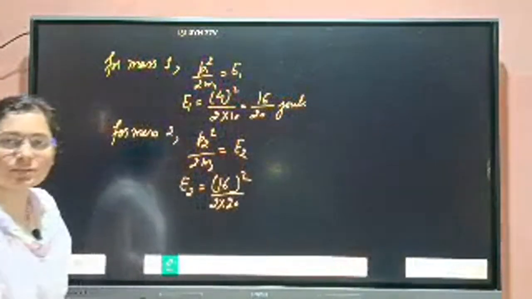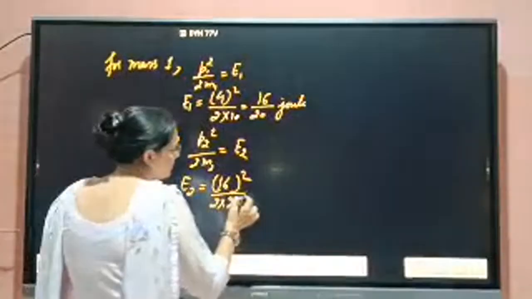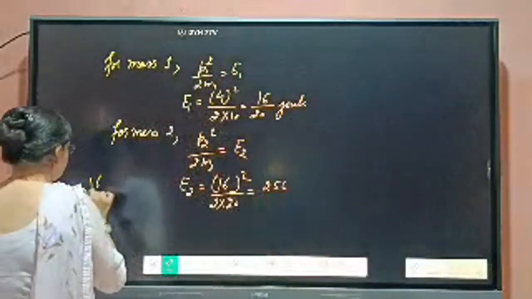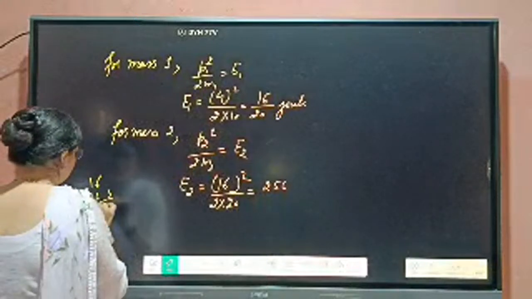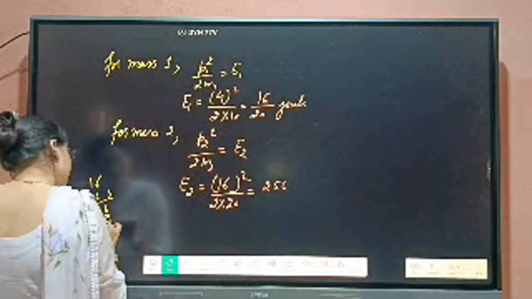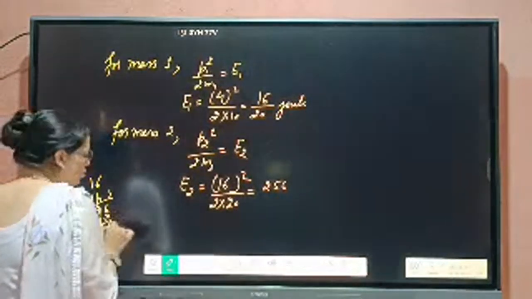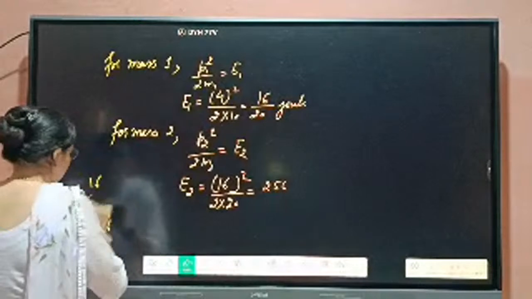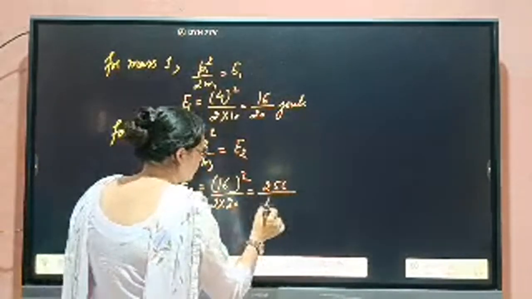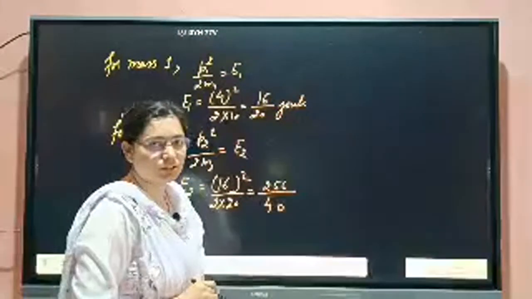Okay, this one came. 16, 16, then we will write there 2, 2, 2, 5, 6, one time multiply this one, yes, 256. Then it will be here 40, then cancel out.